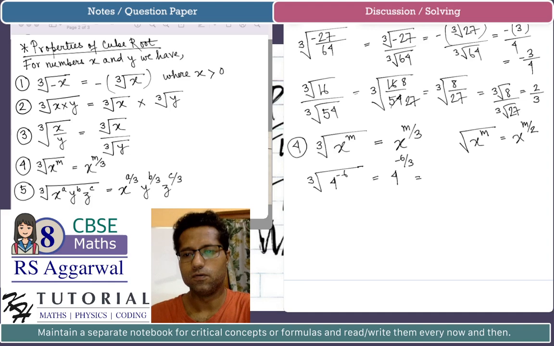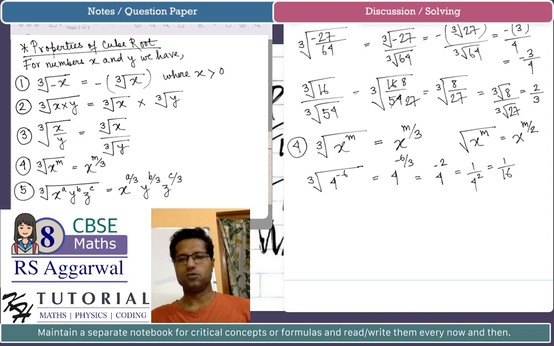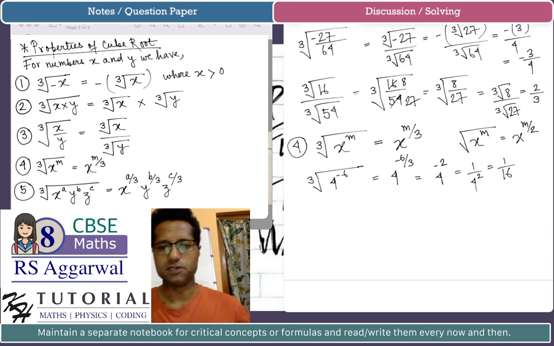This is equal to 4 to the power minus 2. This is equal to 1 by 4 squared. This is equal to 1 by 16. So, using the direct property that cube root of x to the power m is equal to x to the power m by 3, you can evaluate this kind of expressions.